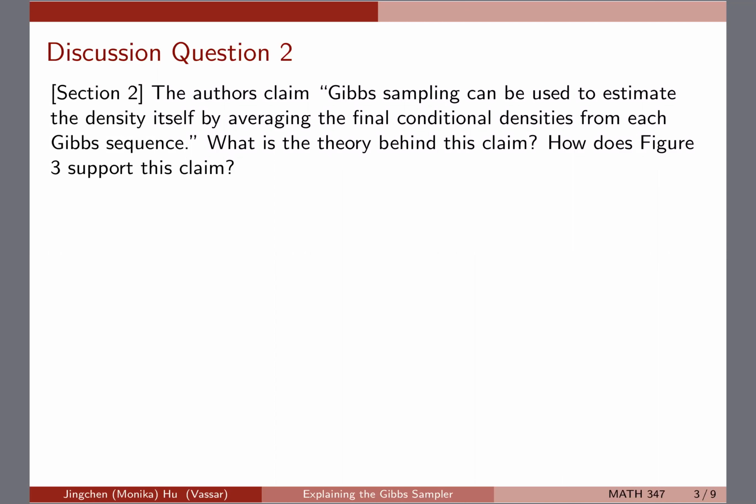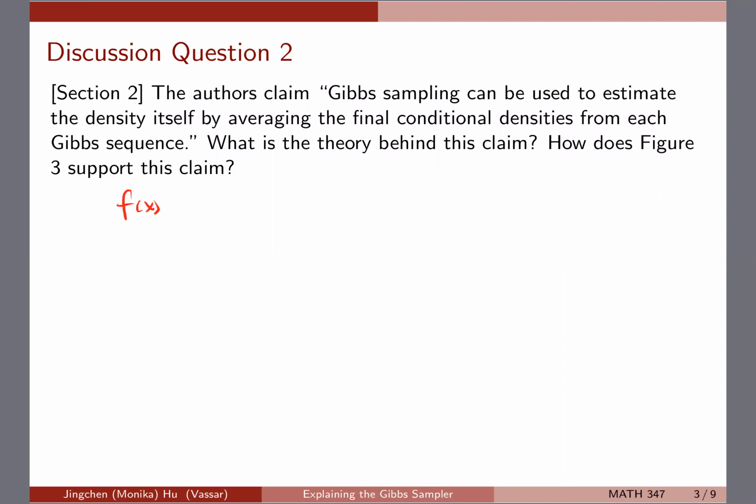Right. I should also mention, in the paper right before section 3, they have this paragraph talking about how to summarize or evaluate the characteristics of the marginal of fx.